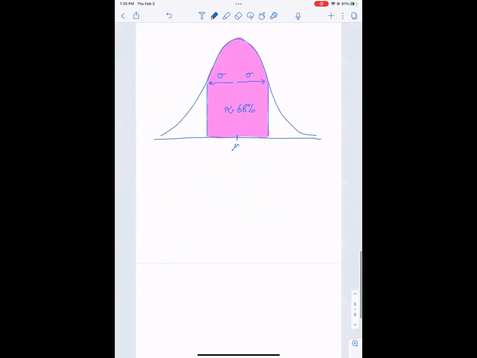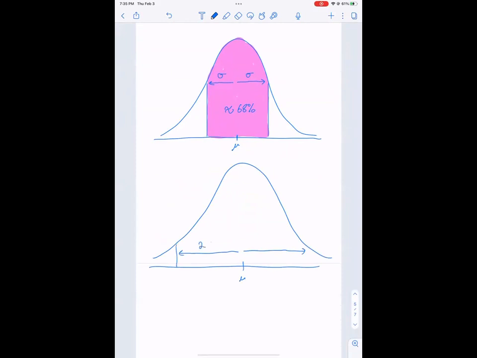Now, if I instead decide to go two deviations in both directions, 2 sigma and 2 sigma, then we know it's going to be higher than 68% because you don't have less than you had before. And you don't have 100% because you don't have everything.